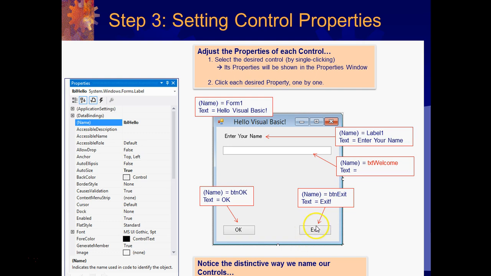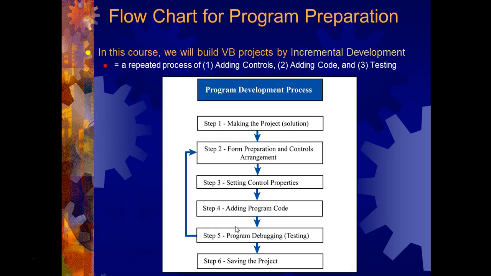We say the property of the button, the property of the label, the property of a control in general. Okay, and we're talking about the text property here. So again, we could be talking about the color property or various other properties. Going back to here, so you set the property.